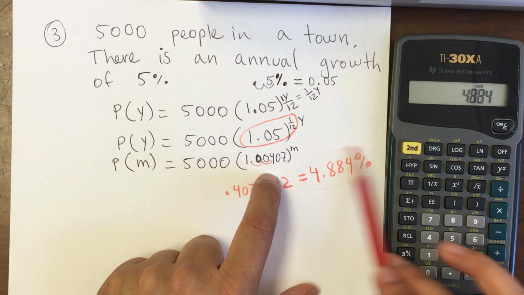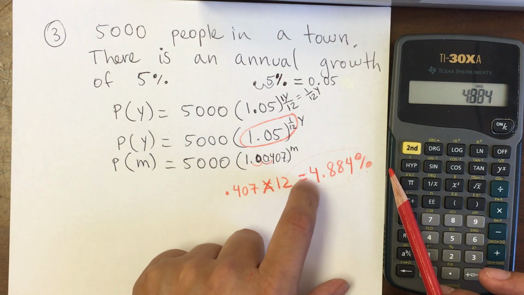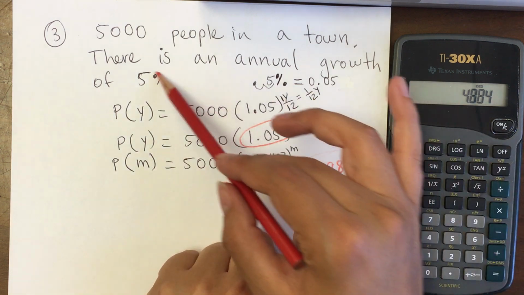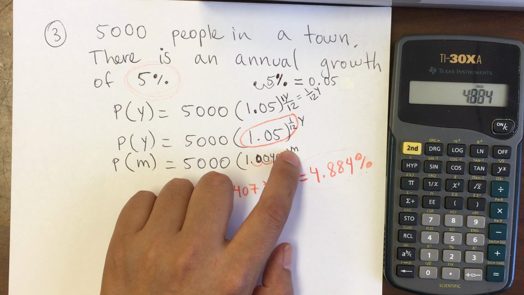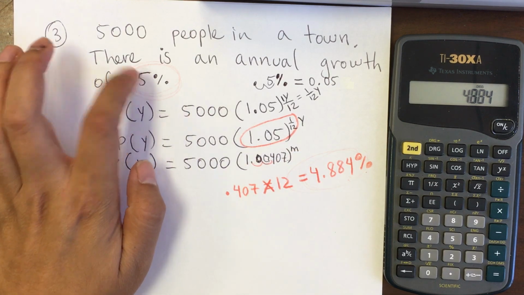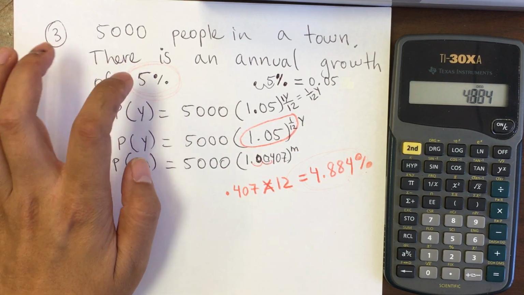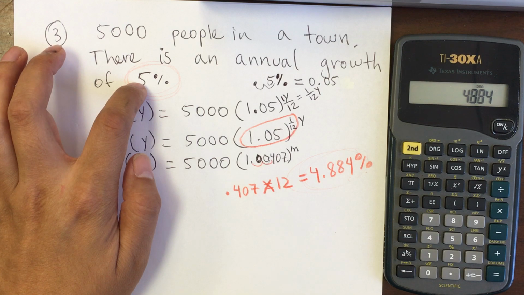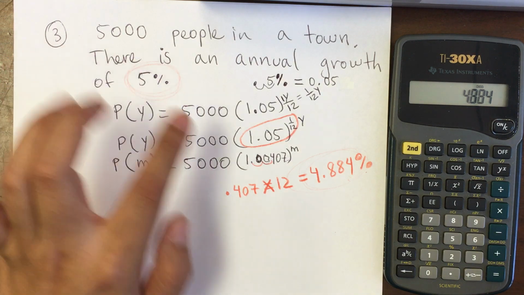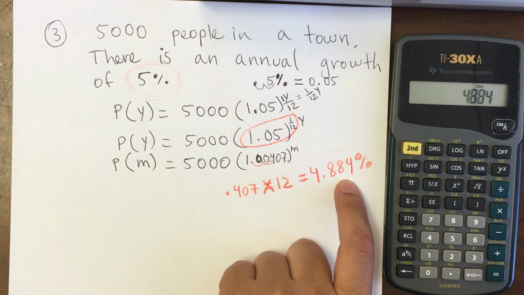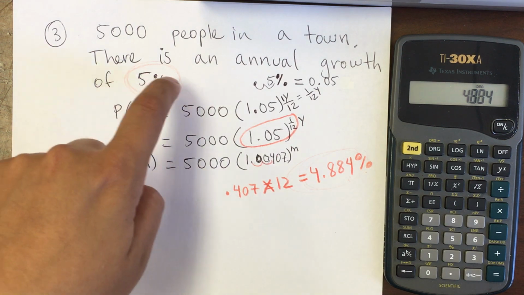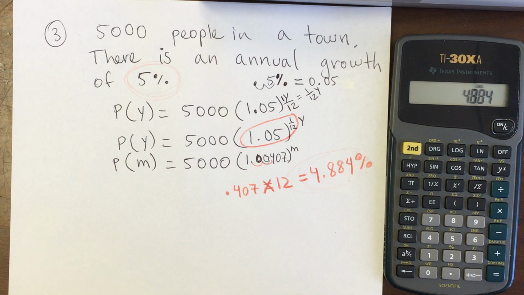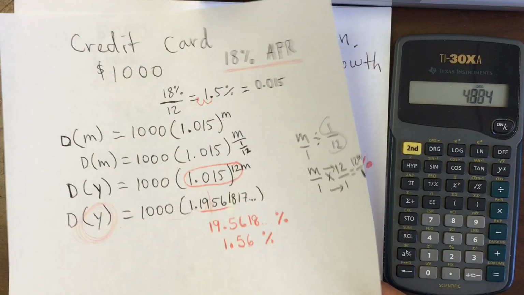So what happens? That means that I'm not reporting the complete growth. If I'm reporting in months, then I'm not reporting every person who was born or moved into that town, okay? I'm reporting only 4.8% of that, when in reality it should be 5%. Okay, so what happened here?